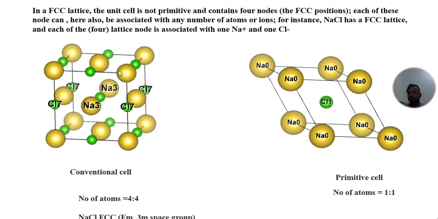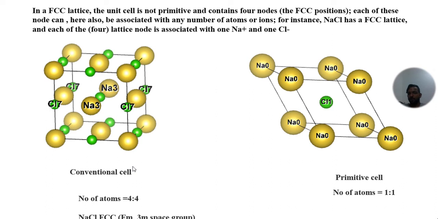This collectively is called 4 nodes, which means 4 lattice points. If you consider this ratio, then it is 1 lattice point. It means the number of atoms can be different, it can be more than 1, but the lattice node should be 1. So I think this concept is much clearer now.